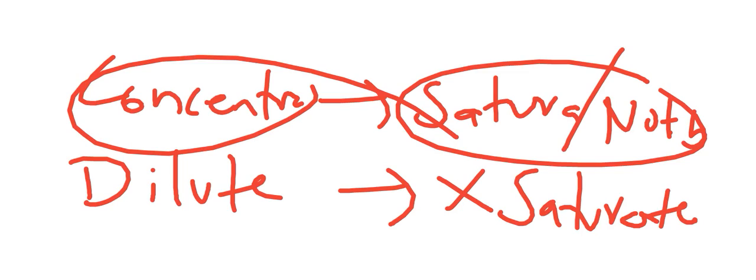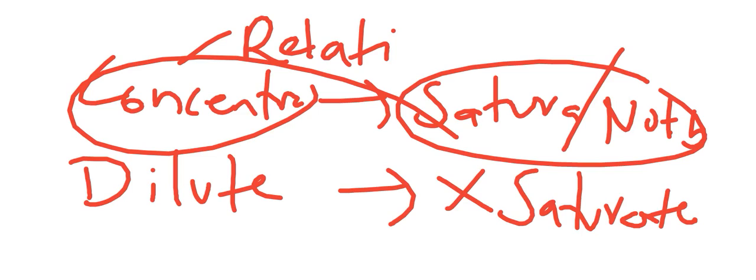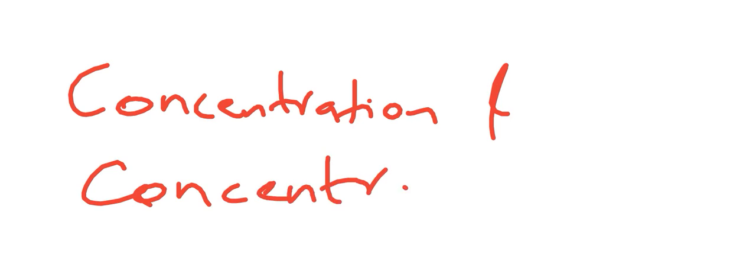As I told you, a concentrated solution is one in which the amount of solute is in much more quantity as compared to a dilute one. So it's a relative term. Knowing about the quantity is called concentration. But there is a difference between the two words, concentration and concentrated.